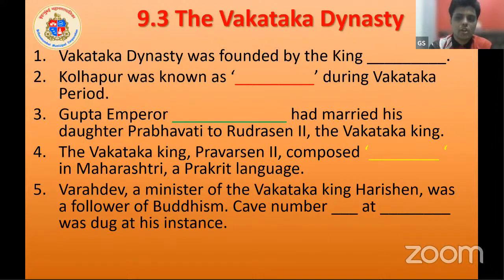I want to see all of you; maximum students should participate in it. Come on, raise your hands if you want to answer the second question. Saloni Sharma, second question. You have to read the question and then answer it.